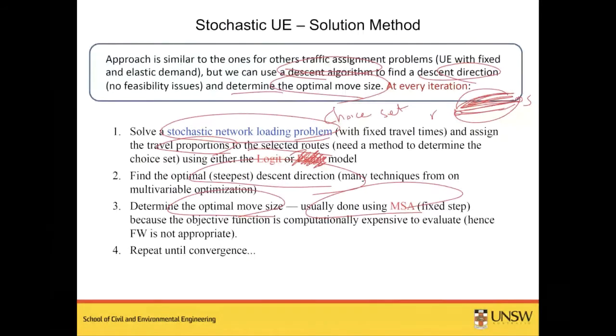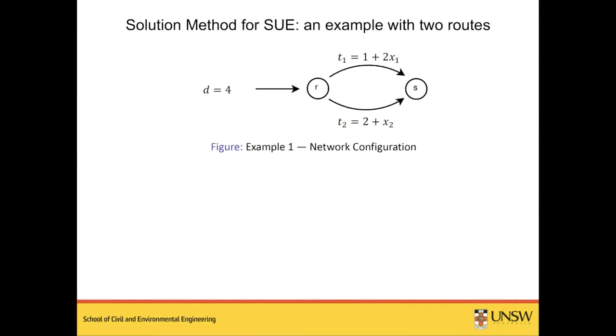So usually we don't use Frank-Wolfe when it comes to SUE, and the common way of doing it is just with MSA. There are other methods as well, which we're not covering in this class. And then we continue, just like any other iterative method that we covered before, until we reach convergence, however we define convergence, whether it's the gap, relative gap, or reaching a specific error threshold, etc.